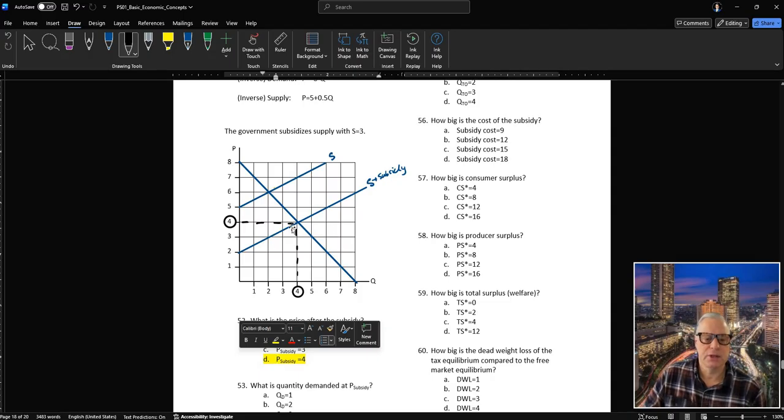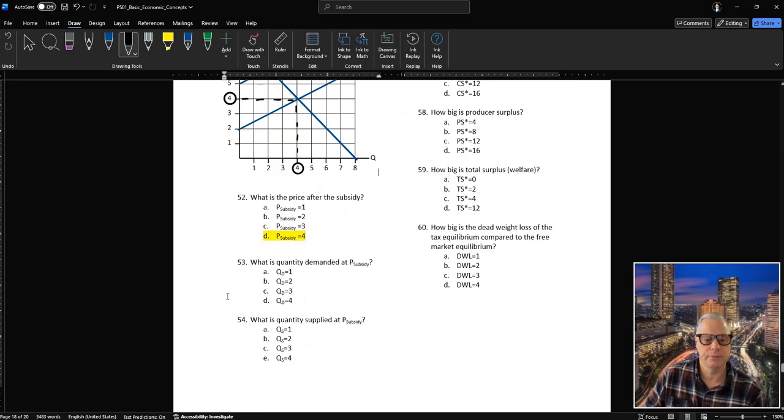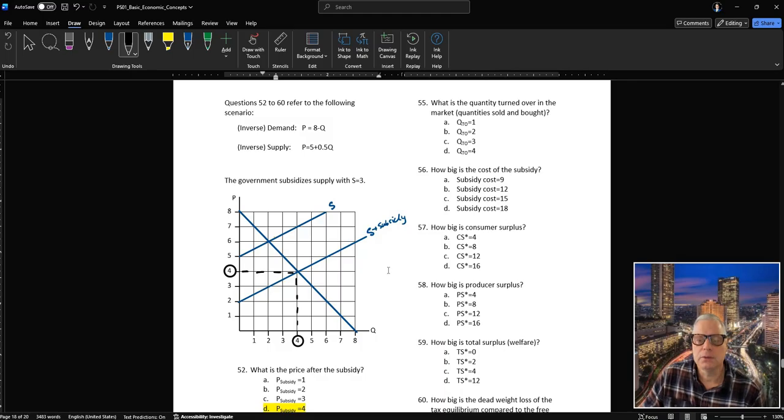What's the quantity demanded at the price of 4? The quantity demanded is 4. What's the quantity supplied? Well, that's also 4. What is the quantity turned over? Well, also 4.